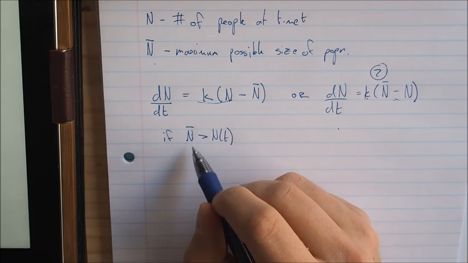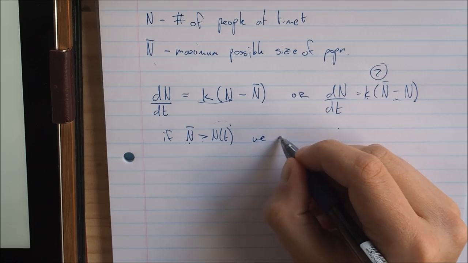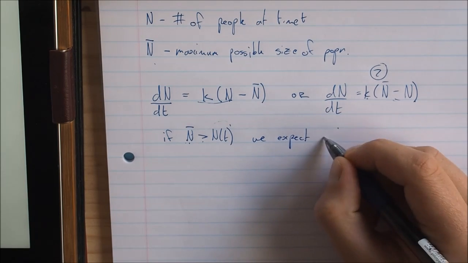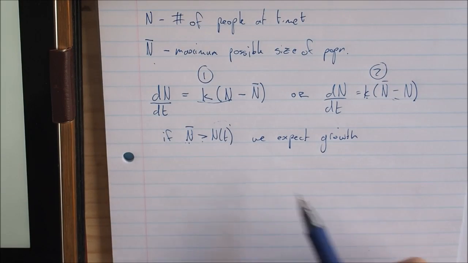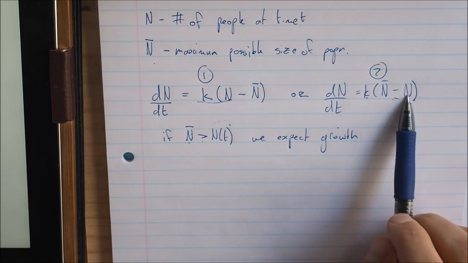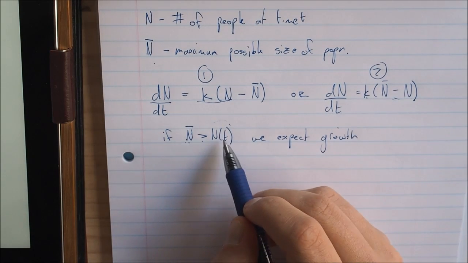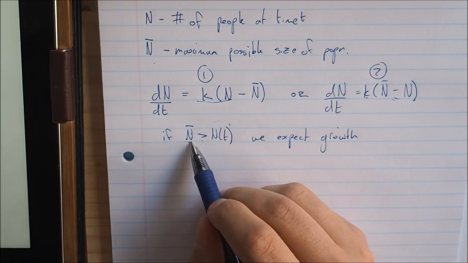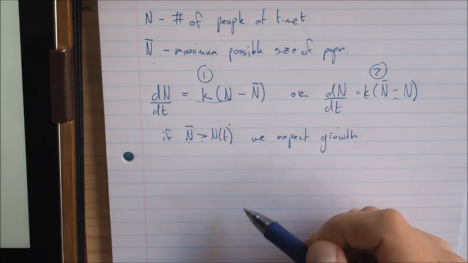So if the current population size is smaller than the maximum, we expect growth. What we're trying to determine is whether it should be k(n minus n bar) or k(n bar minus n). We'll check whether or not that's the case here.